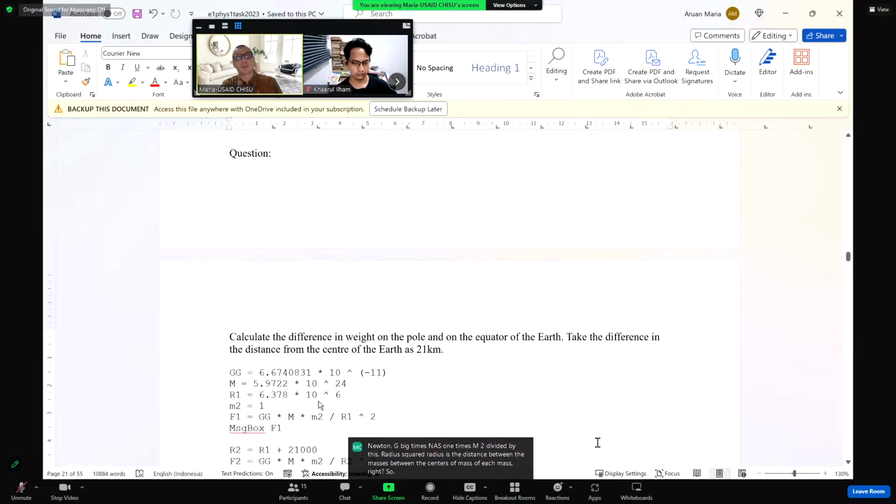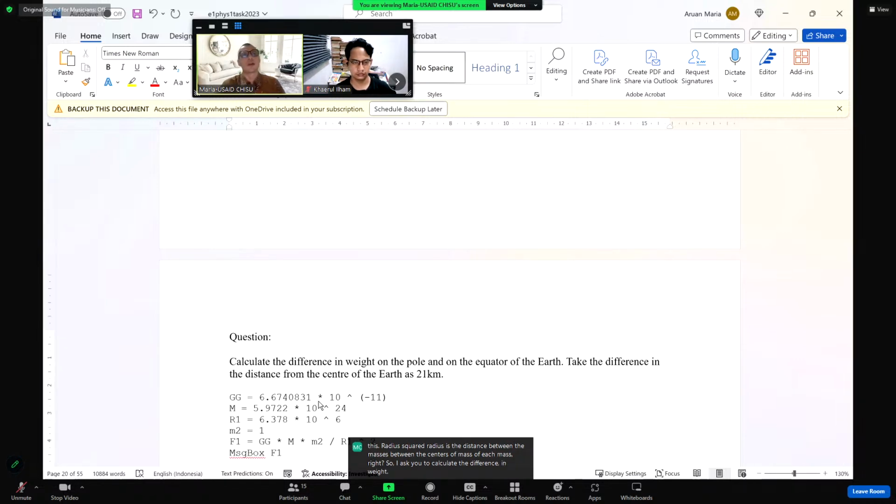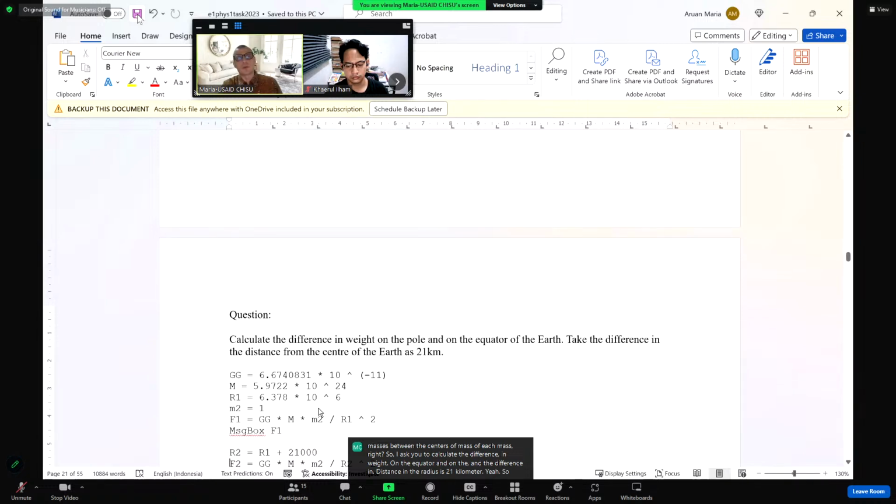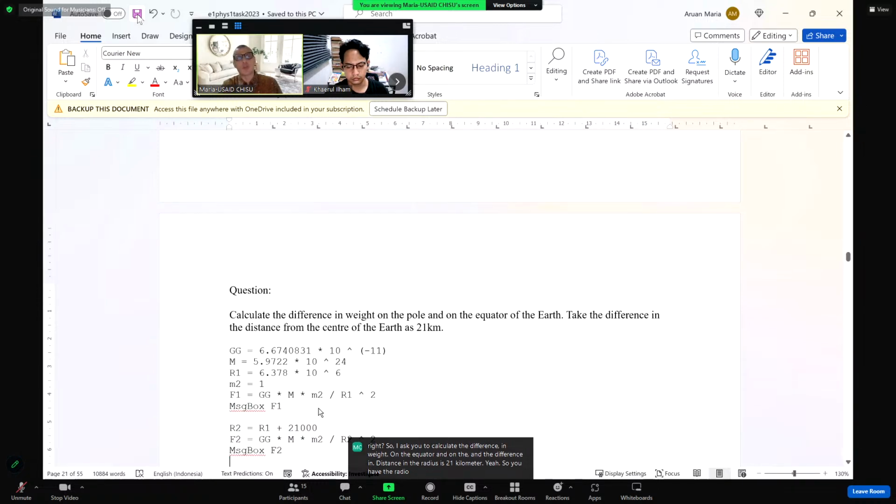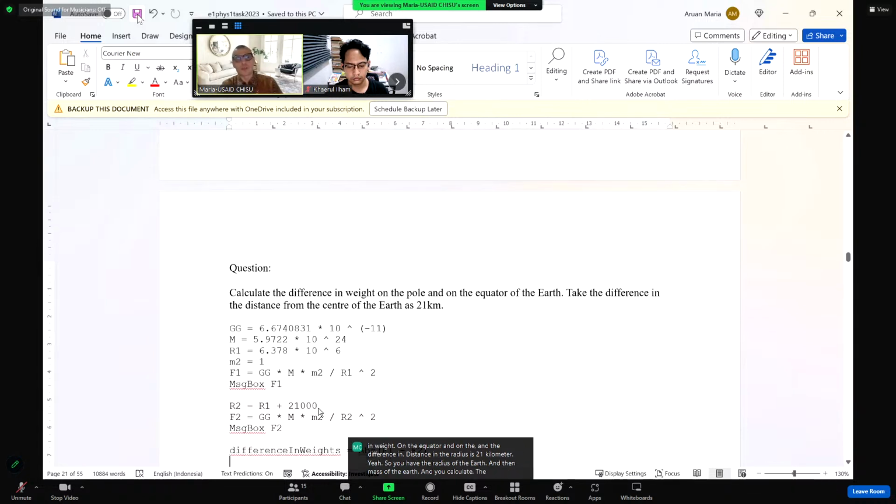So I ask you to calculate the difference in weight on the equator and on the pole, and the difference in the radius is 21 kilometers. So you have the radius of the Earth and then the mass of the Earth, and you calculate the first force and then the second force, and you compare them.